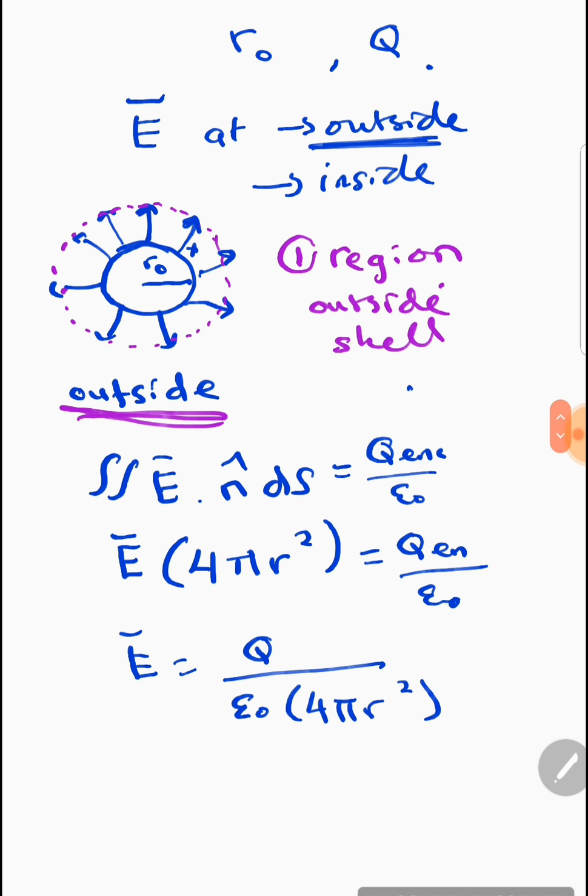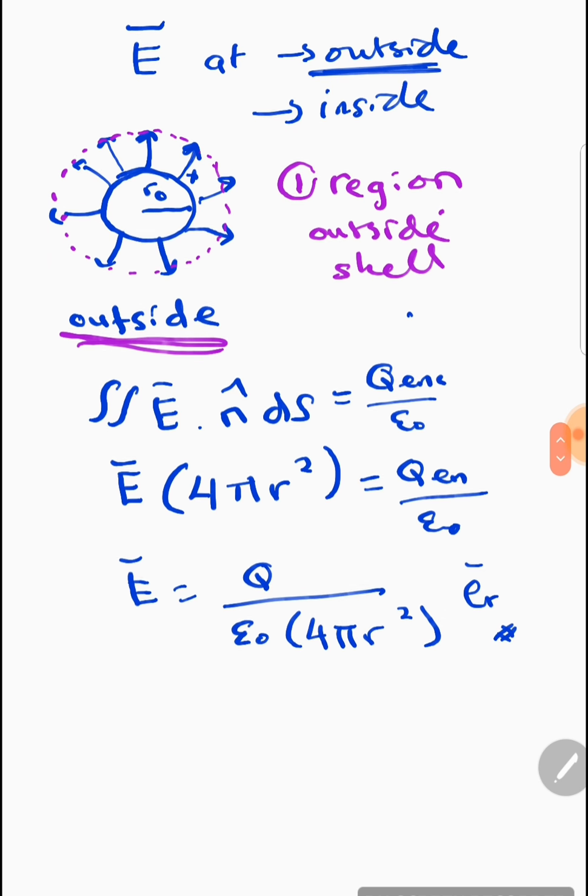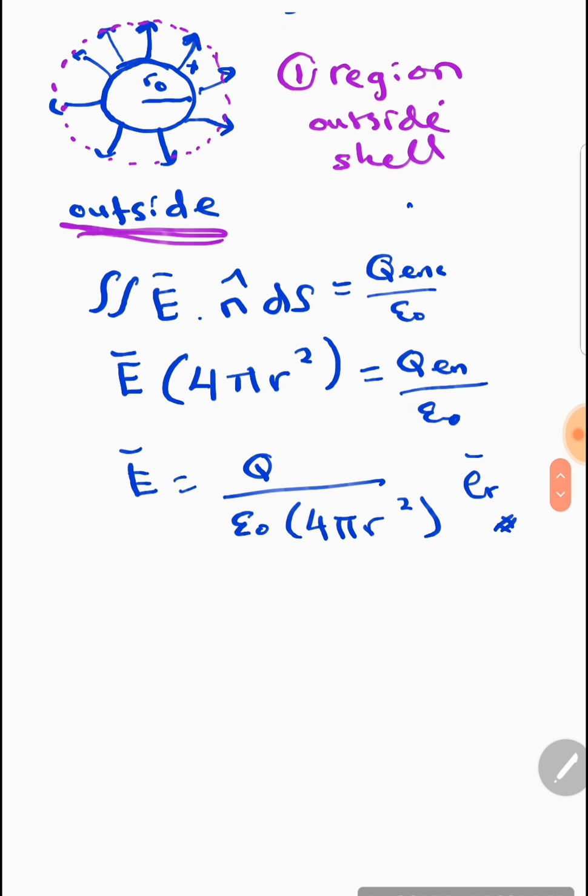And one of the most important parts to remember is that the electric field is a vector, and therefore you also need to put it in terms of the vector direction. So let's take this as E R, just to indicate that it is in the radial direction. This is for outside a thin spherical shell.